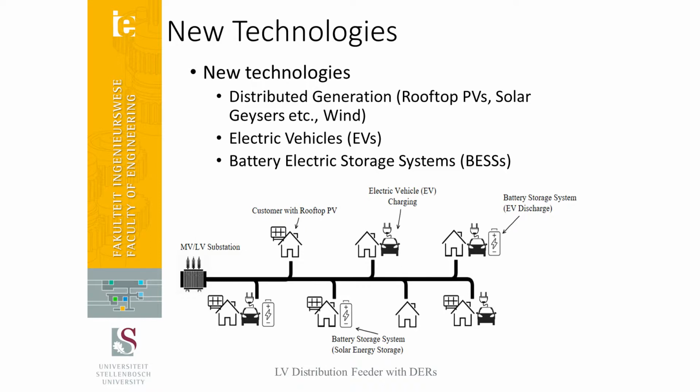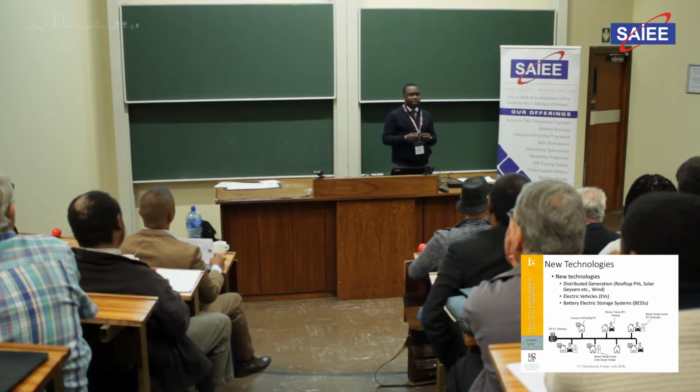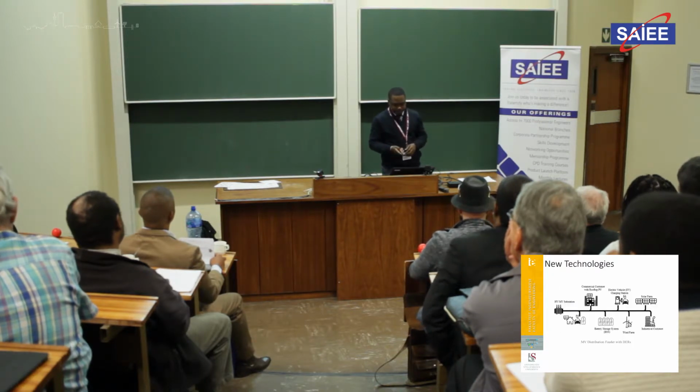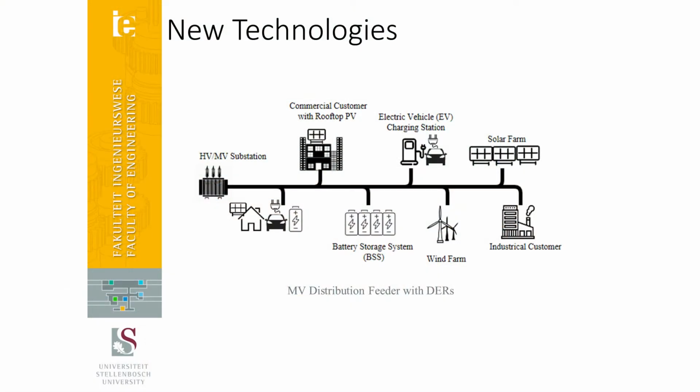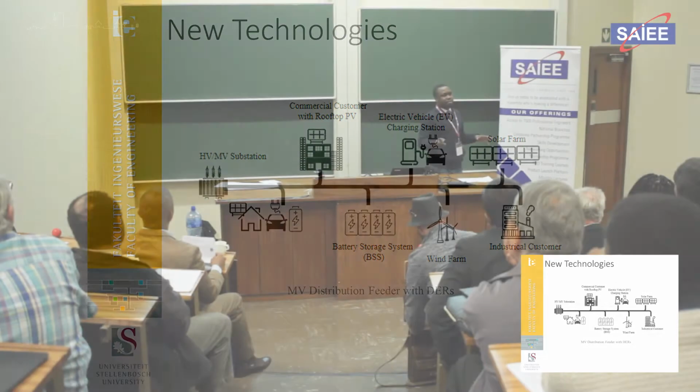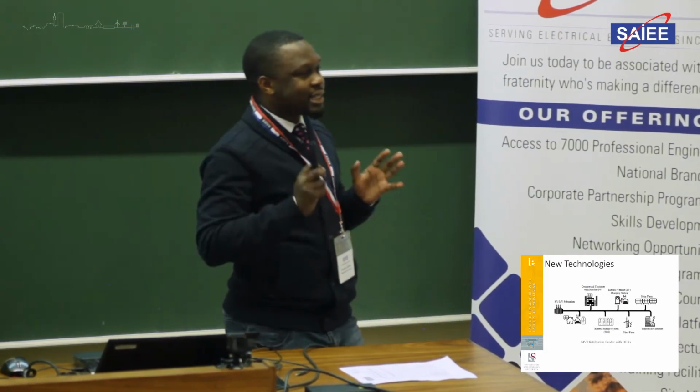So these new technologies will have significant impact on the load itself. And again, on MV systems, you might find similar technology, but particularly on MV and higher, you might find electric vehicle charging stations. So for example, in other countries, they have a lot of them across the whole country, and that will change the load demand significantly.